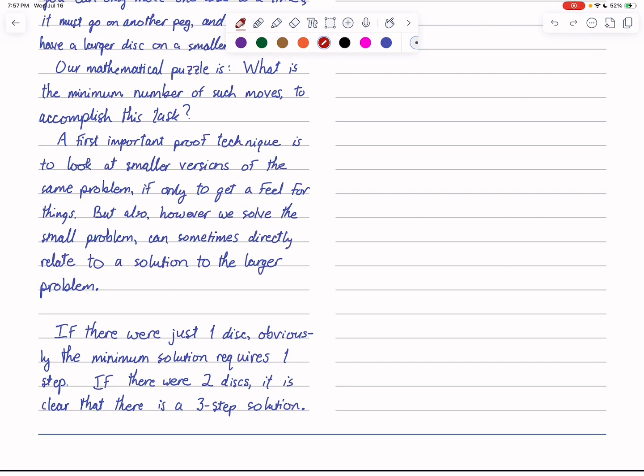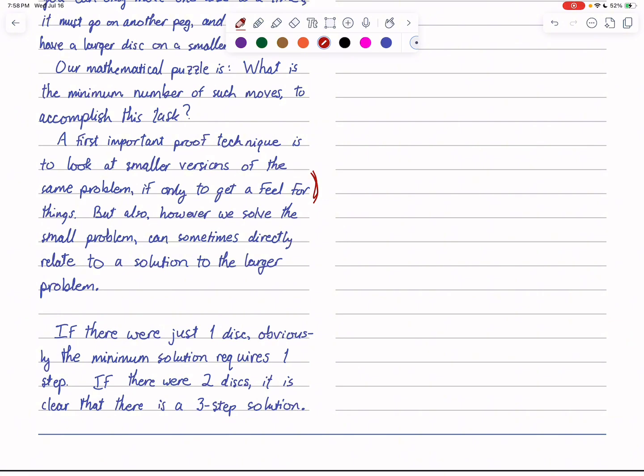So this is going to introduce a kind of proof technique: if you struggle to think about how to prove something or to come up with an answer to this problem, just think of a smaller version of the problem. For one thing, that can just get you a feel for the problem. It'll give you a sense of the kinds of things to pay attention to, or even just what we're talking about if it takes a little bit of time to warm up to the idea.